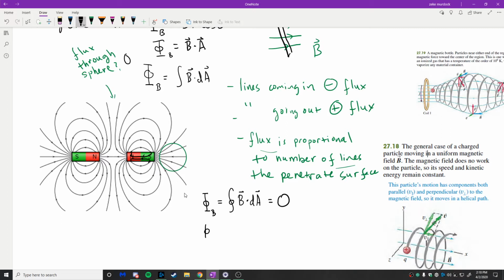We can compare this to what we got for electric fields. For electric fields, we got what was called Gauss's law, right? If I take the integral of E dot dA over a closed surface, this ends up being equal to the charge inside divided by epsilon naught. So these are both different expressions of Gauss's law. This one is Gauss's law for magnetism.